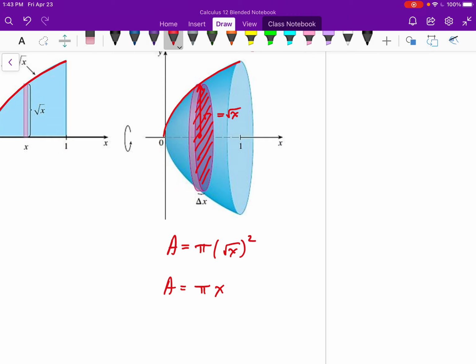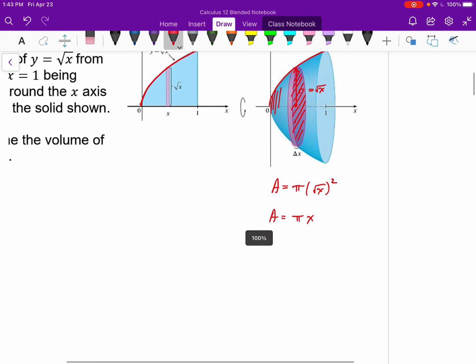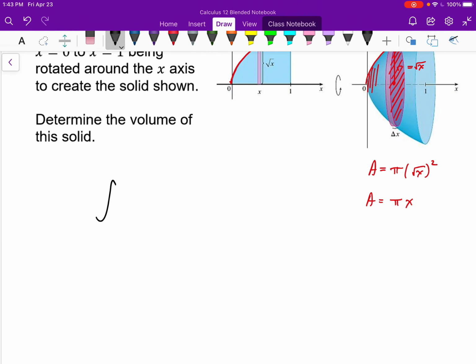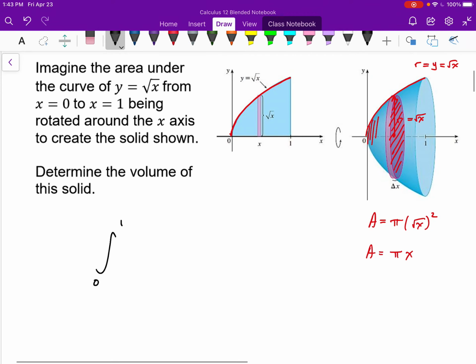And so the idea is I now want to find the sum of all these infinitely skinny circles from 0 to 1, which means I want to find the integral from 0 to 1, because that's, again, the bounds of this shaded region, or the bounds of my 3-dimensional object, of the area, which in this case is pi times x dx. Right there, that will tell me the volume exactly of this.